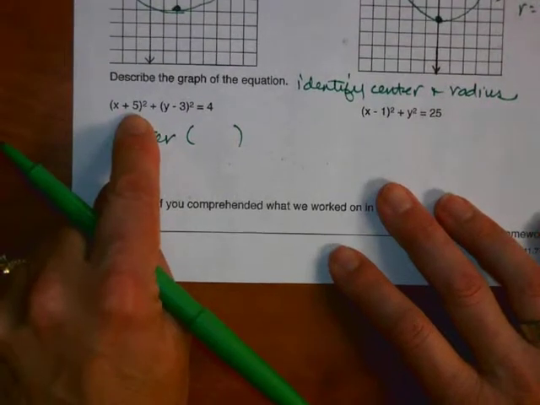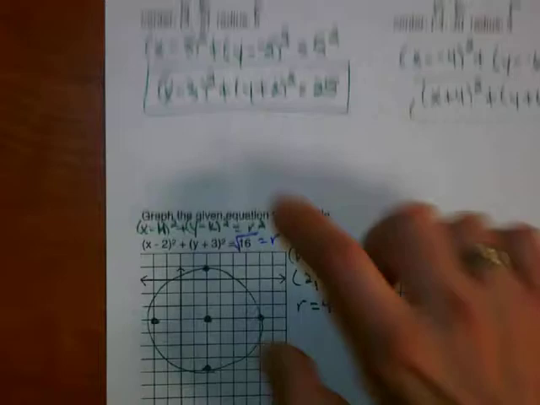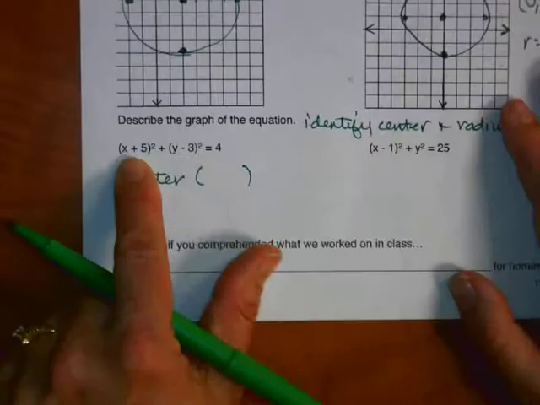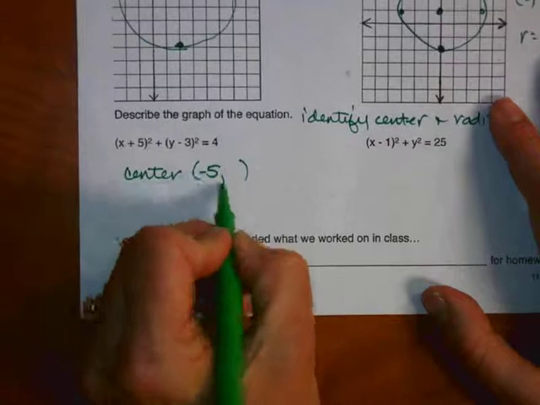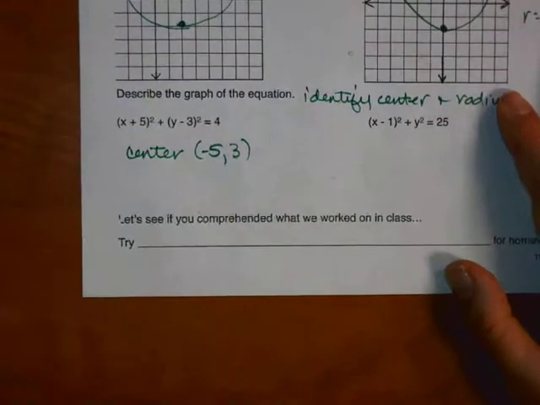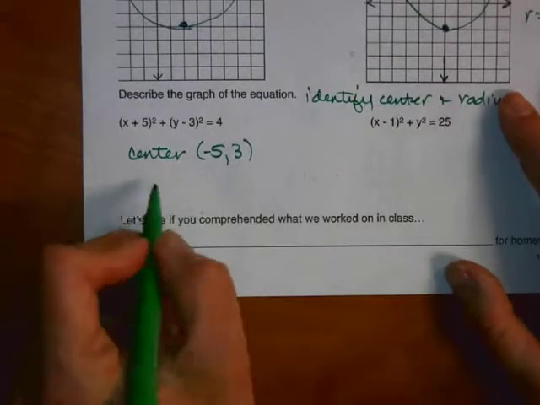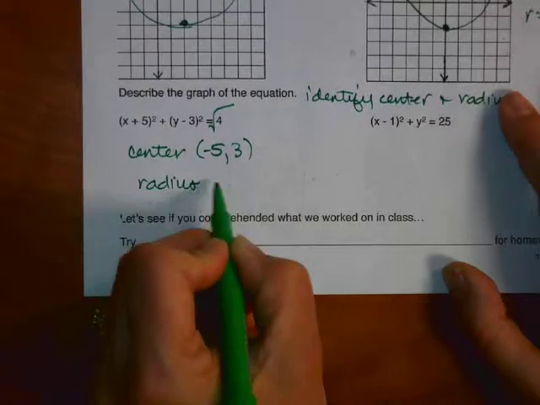Careful. Yes, you had to put a negative in to end up with a plus here, like up here, see? Basically, it's always opposite. Yep. H is -5, K is what? +3. Correct. Why do the opposite? Okay, and then the radius is the square root of 4, which is 2.